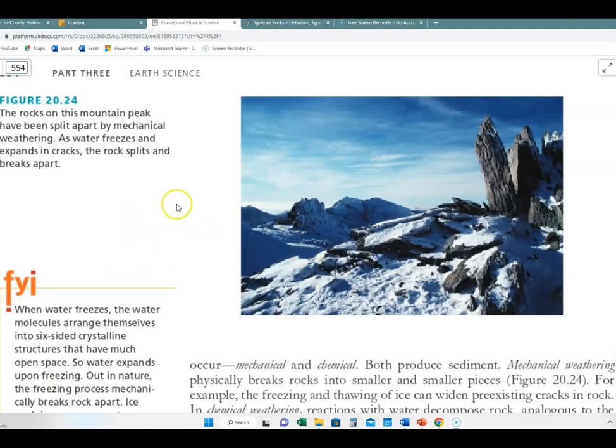All right, so I was just trying to do a little bit of review about shield volcanoes that we were talking about in the last video. I had ended with sedimentary rock, and so this is the process of weathering. This picture right here is showing you some mechanical weathering.